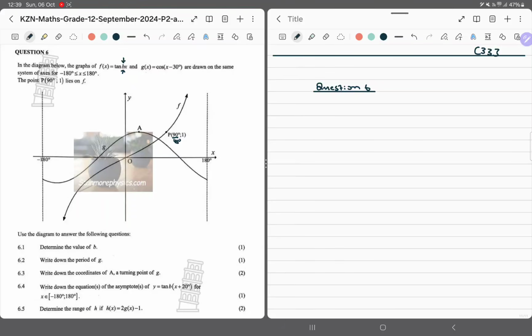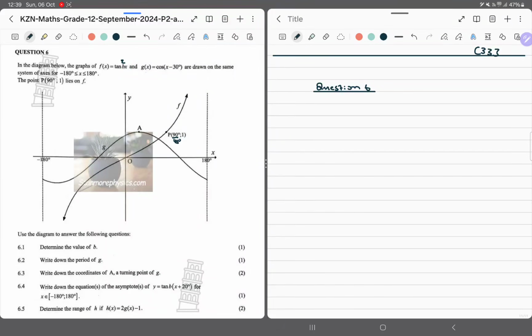But we can see now this period is 360, isn't it? Because from 180 to 180, that's 180 plus 180. That's 360. So you can see the period is 360. So it's doubled. So if it doubles, it means the coefficient of our angle is that 2. Is it? Is it 2?